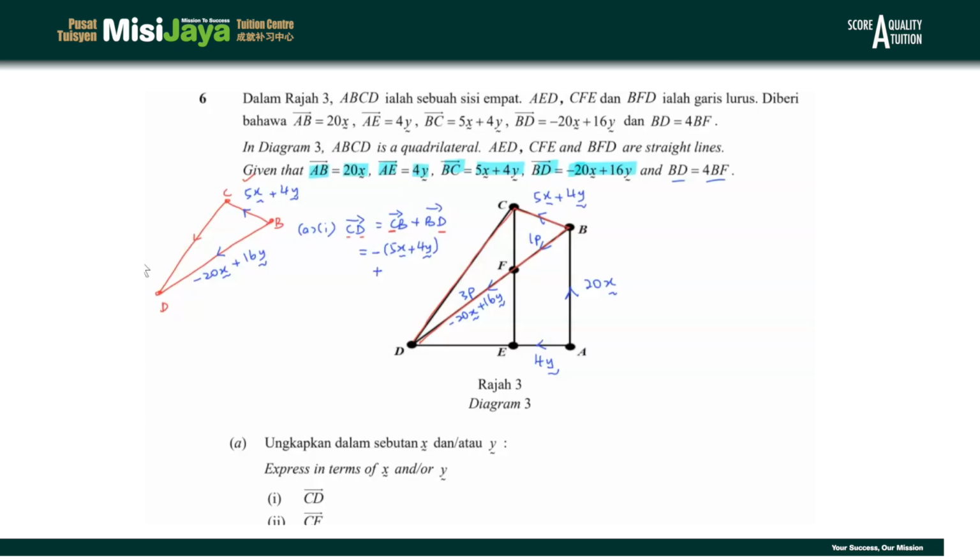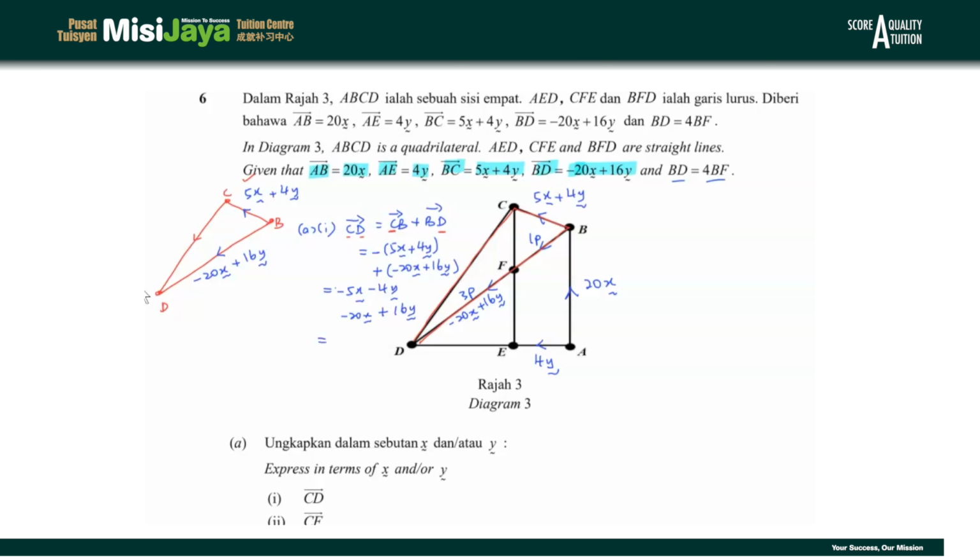BD is given as negative 20x plus 16y. For this, we don't have to change the sign because it's the same direction as the one given. So it equals negative 5x minus 4y, and then minus 20x plus 16y.